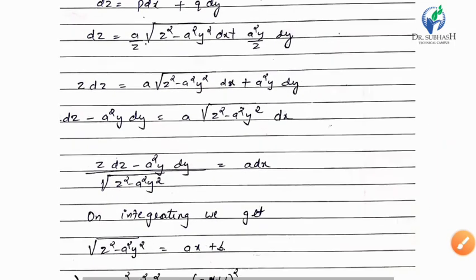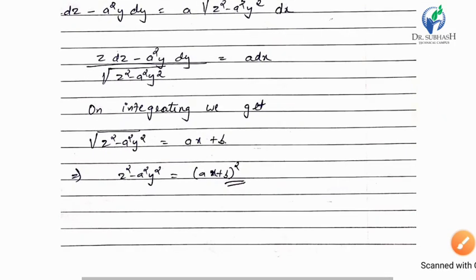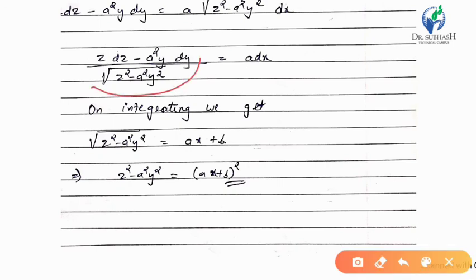Now we will integrate this equation. So on integrating this whole term, I get under root of z square minus a square y square equal to, integration of a will be ax and the rest of the terms will be b.